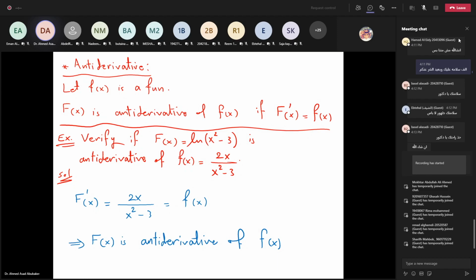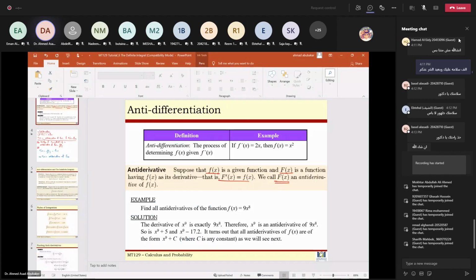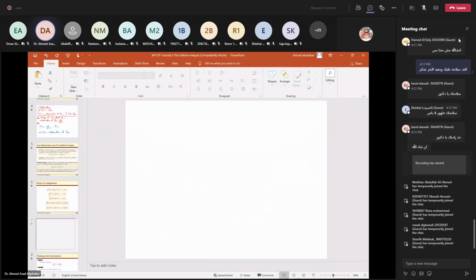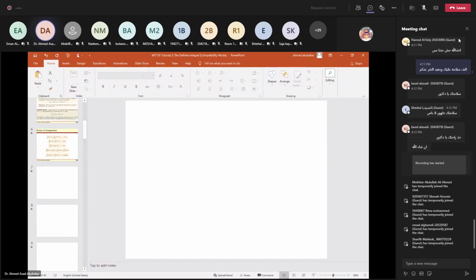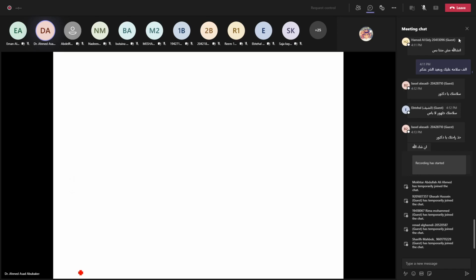In general, for indefinite integration, we have laws and rules for indefinite integration.